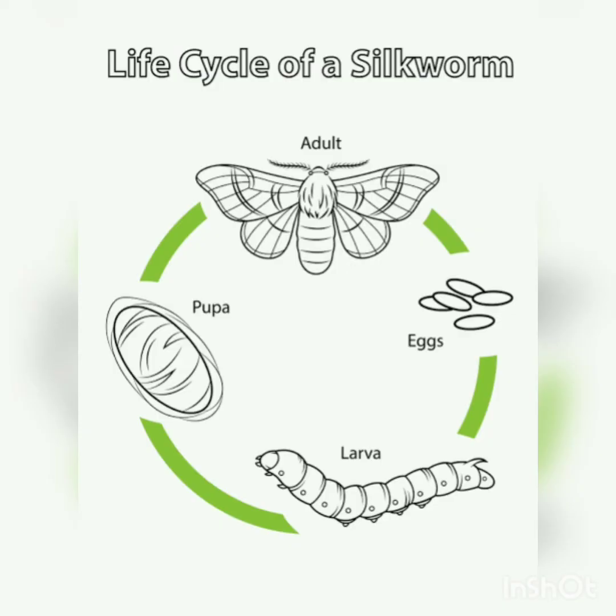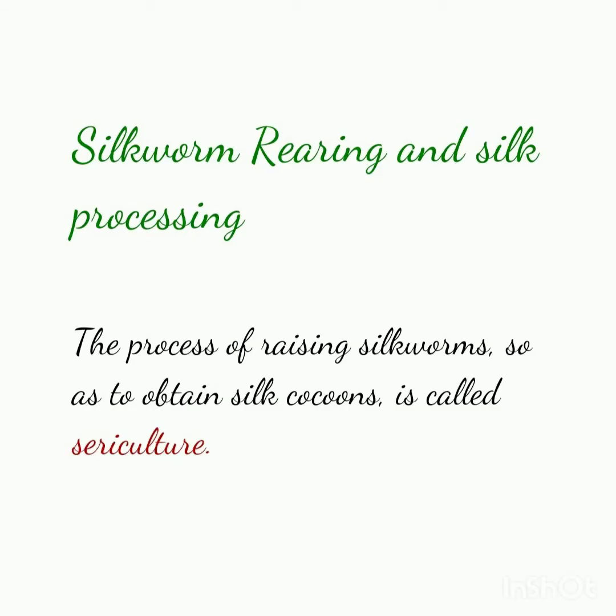Just below this, draw the diagram as shown on the screen, or you can make the diagram as given in your book showing all the stages in the life cycle of a silk moth. Next, give heading Silkworm Rearing and Silk Processing.